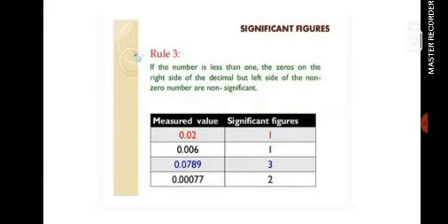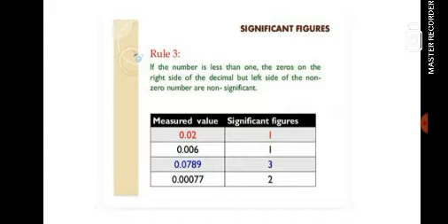Rule 3. If the number is less than 1, the zeros on the right side of the decimal but to the left of the non-zero digits are non-significant. If there are zeros on the left-hand side of a number, they are considered non-significant. For example, 0.02 has two zeros on the left-hand side and therefore they are non-significant.